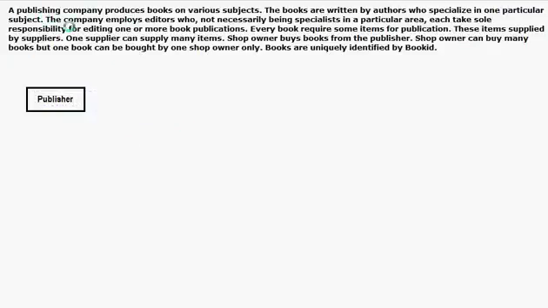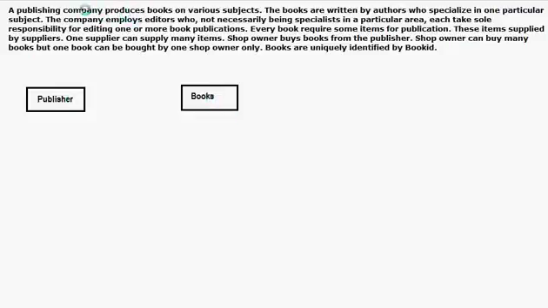Clear? Because we have a publishing company. Now it produces books, so we will have another entity. I am just simply identifying the entities. This is a very practical approach to designing an actual database: publisher and books.